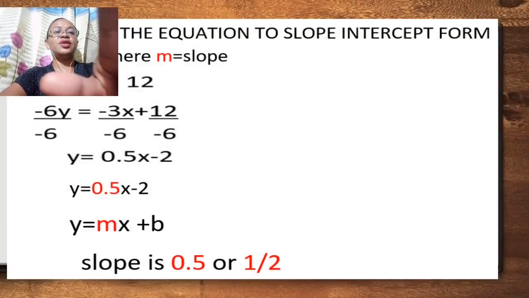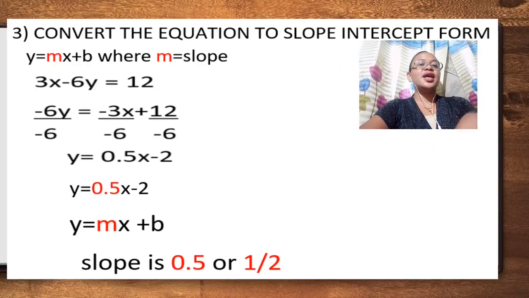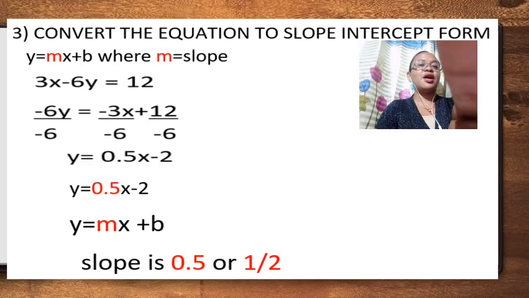Okay, how about the third way? If you are given the linear equation, you can just use the linear equation in finding the slope. You transform the given equation into slope-intercept form. We already transformed it earlier.